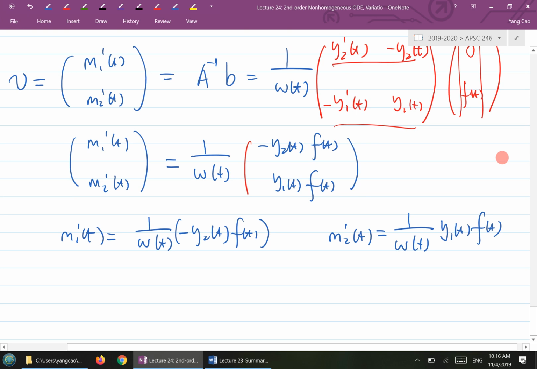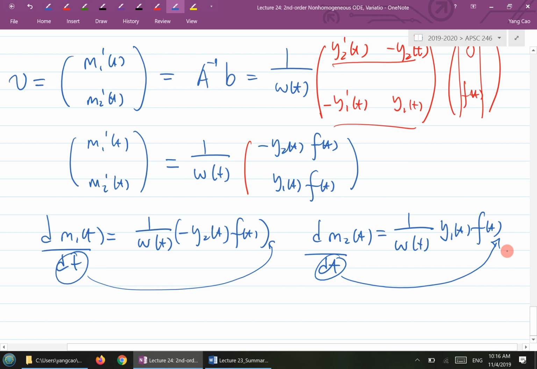So m1 prime is dm1 over dt, and m2 prime is dm2 over dt. You multiply the dt to this side and then integrate both sides.